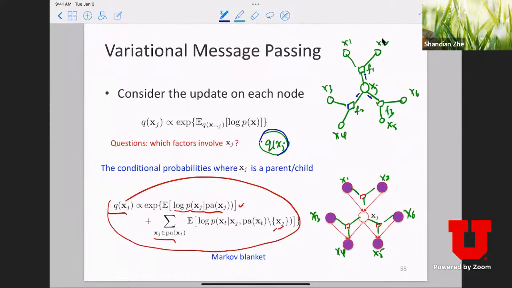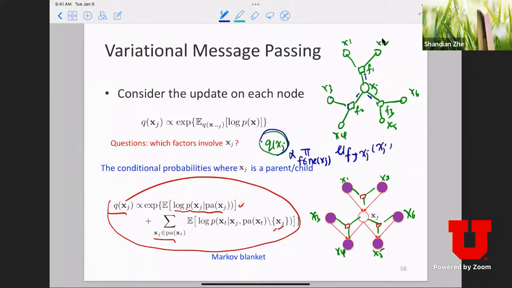And this Q of xj, before it's sent out, needs to first be aggregated from the neighboring factors. So Q of xj is proportional to the product of the messages sent from the neighboring factors to xj.